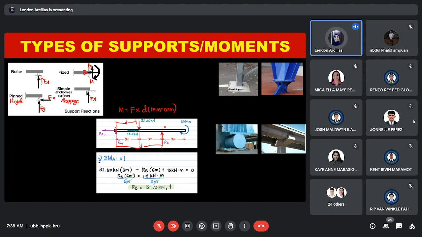So at point A, dito tayo kukuha ng moment. So say for example, this force over here, pag nag-take tayo ng moment at point A, yung rotation niya is counterclockwise. Kaya ito ay positive, right? Positive times the lever arm, which is 3 meters from point A.